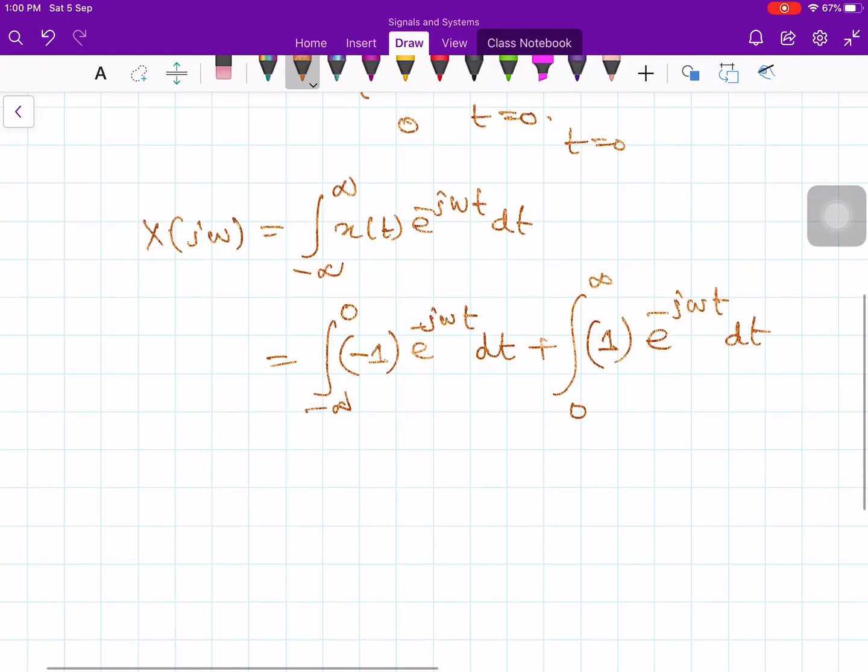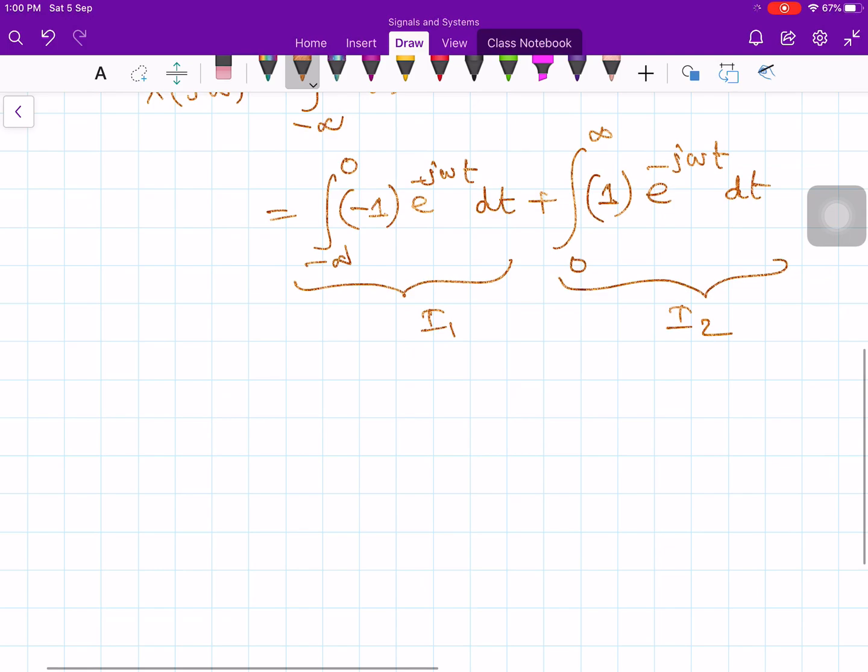Let me call this I1 and this one I2. My idea is to combine these two terms and put them in the same limits of integration, like 0 to infinity.